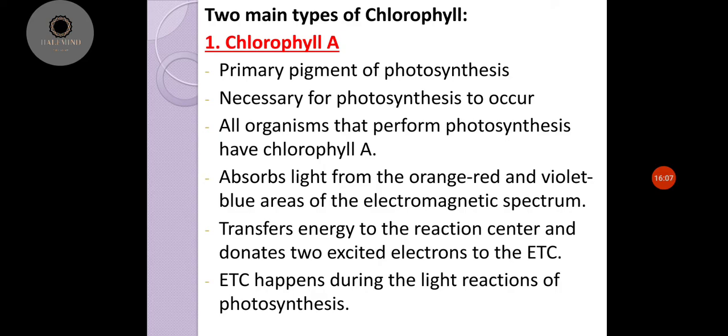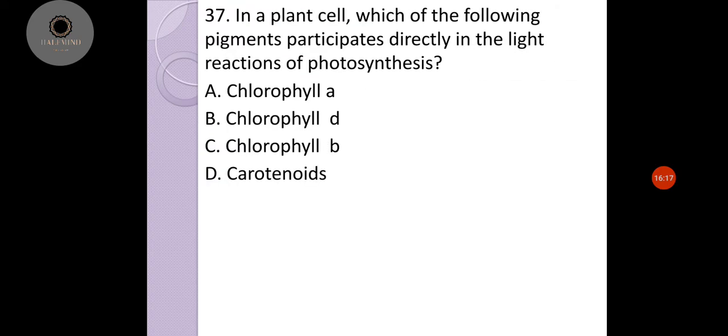So again, the electron transport chain in photosynthesis happens during the light reactions. So our answer to our question is chlorophyll A, because chlorophyll A has a direct role in the light reactions of photosynthesis.